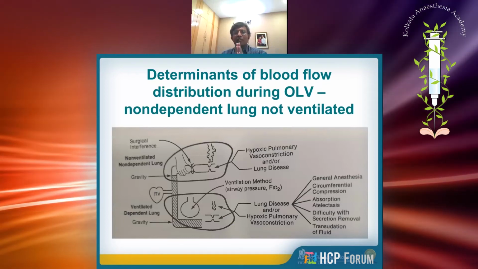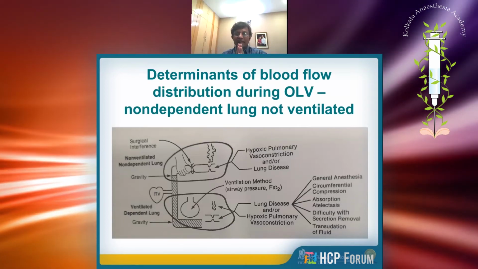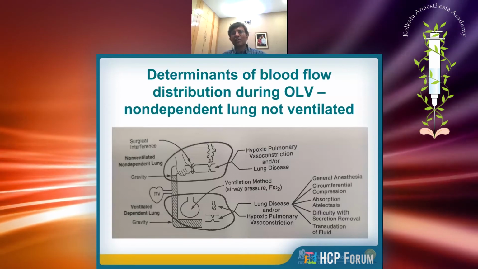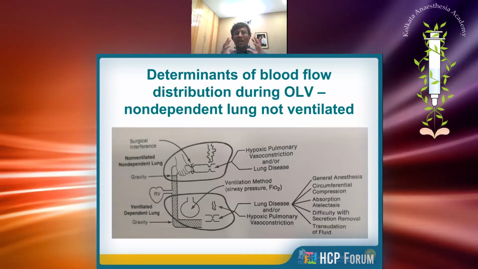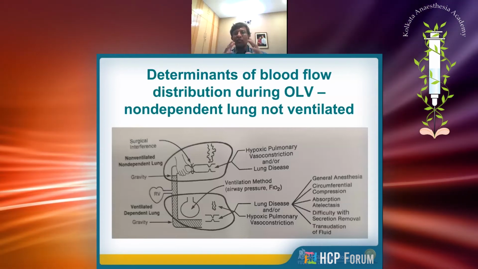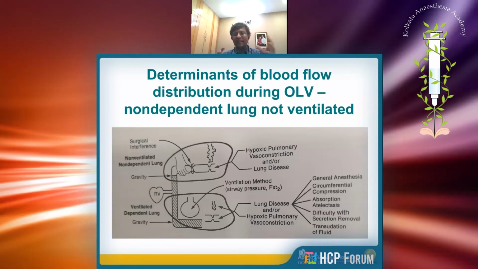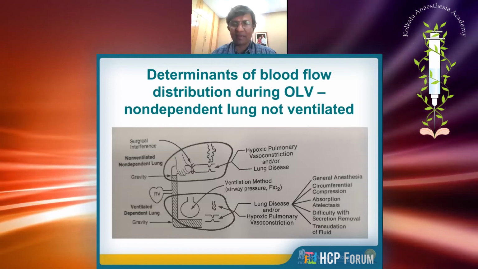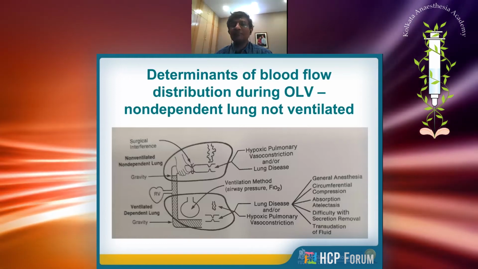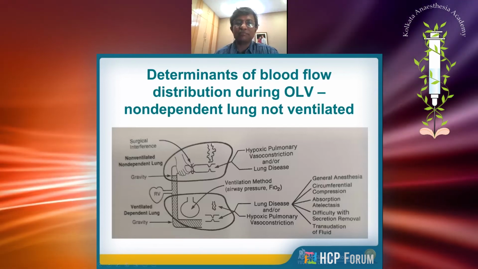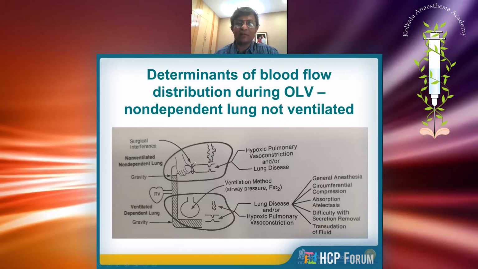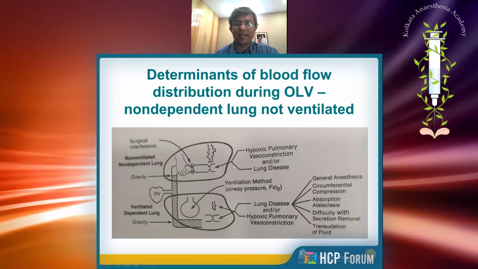So finally, if you come down to the tenets of one lung ventilation, wherein you have the non-dependent lung which is not being ventilated, this is the real crux of one lung anesthesia. So what do you have? Say this is the non-dependent lung. We have isolated it; you are not ventilating this.